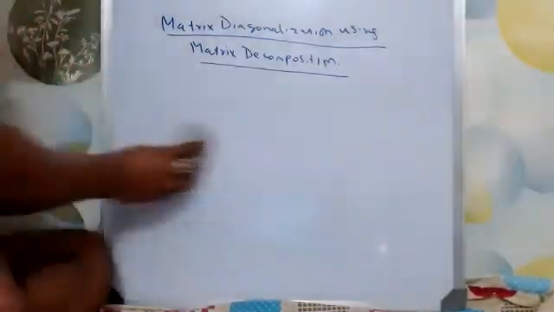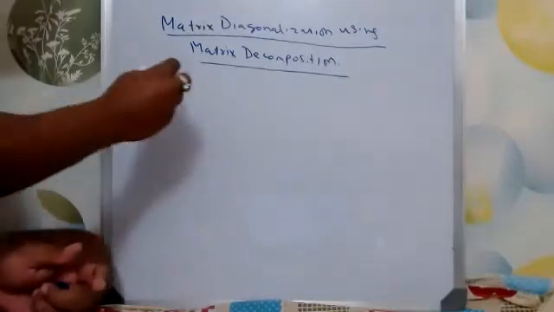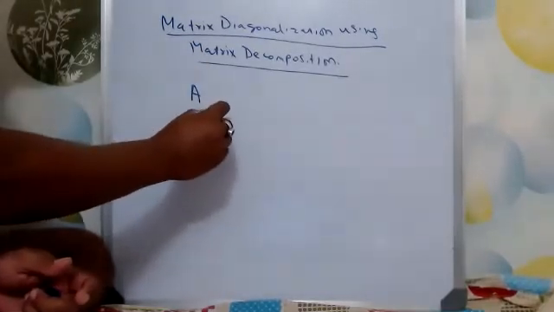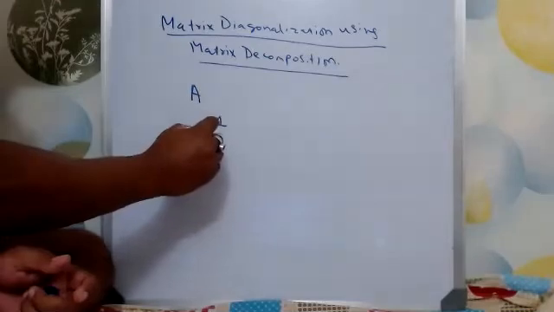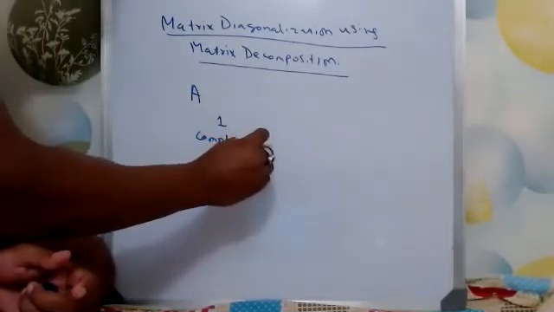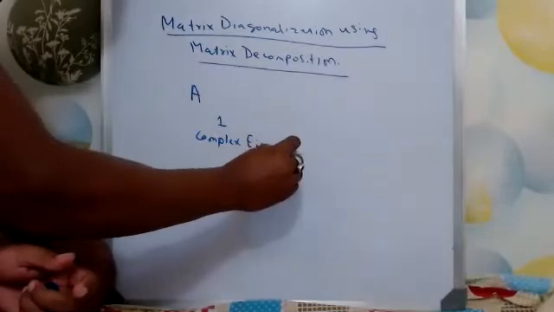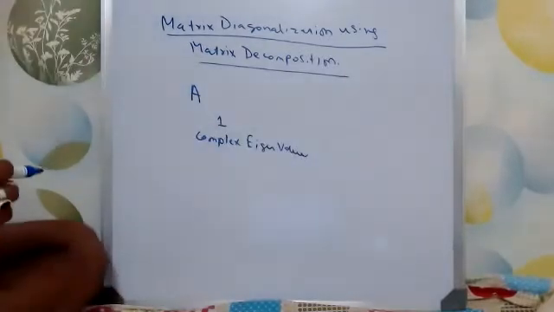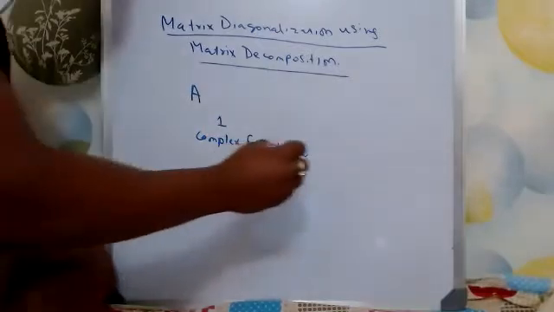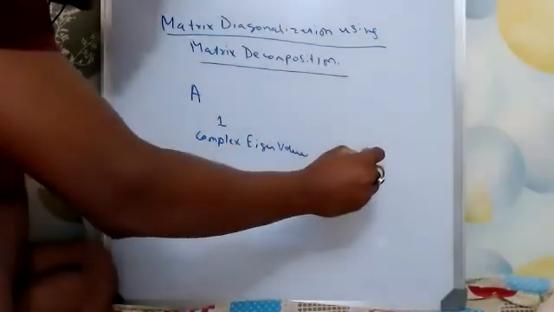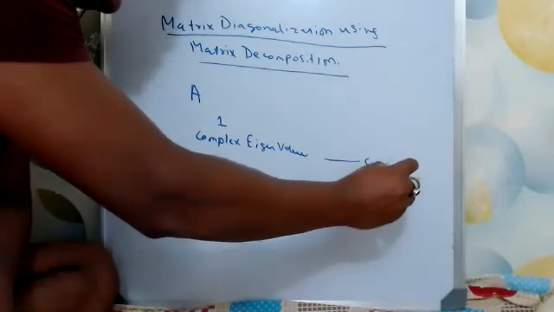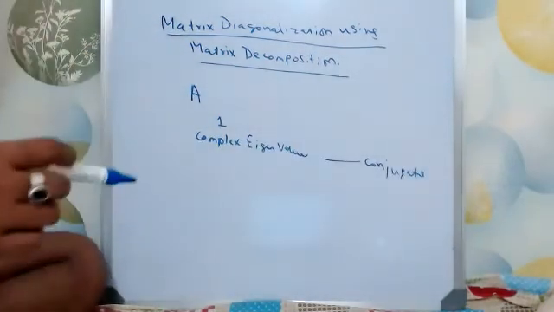So the rule says that if a matrix A has one complex eigenvalue, then its conjugate will also be a valid eigenvalue for the matrix.